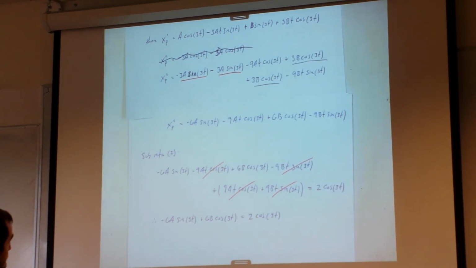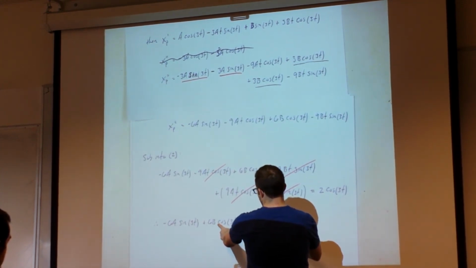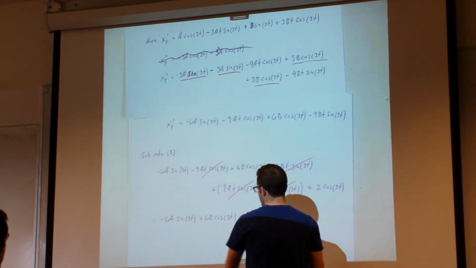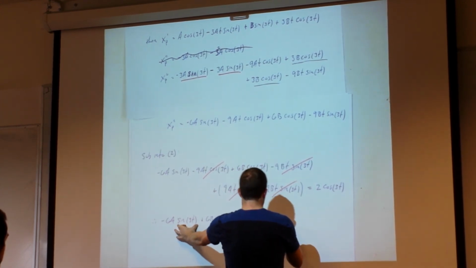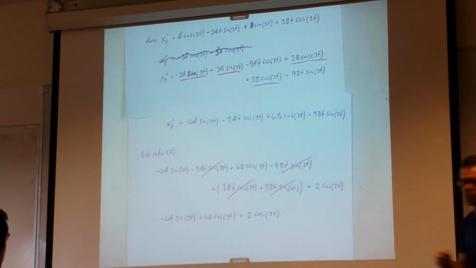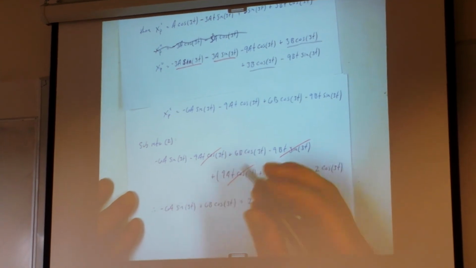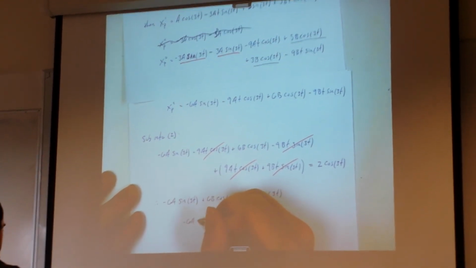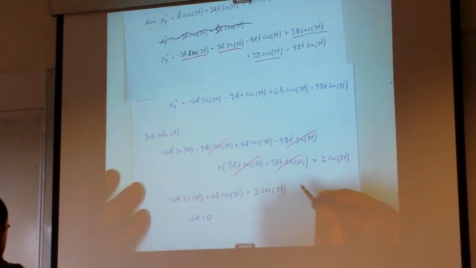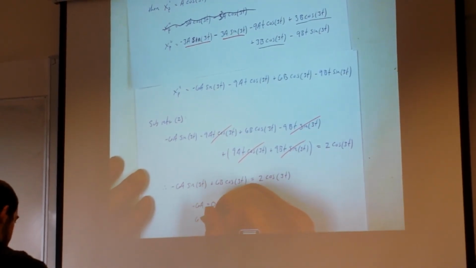So we have this equation involving a and b, and we need to equate coefficients of corresponding terms. So on the right, I just got cosine 3t. So in other words, 6b has to equal 2. And the coefficient of sine 3t has to equal 0. So negative 6a has to equal 0, and 6b has to equal 2. This is our system of equations.